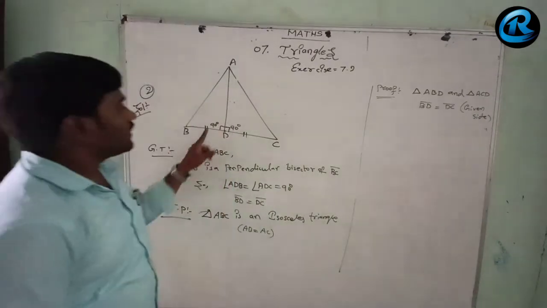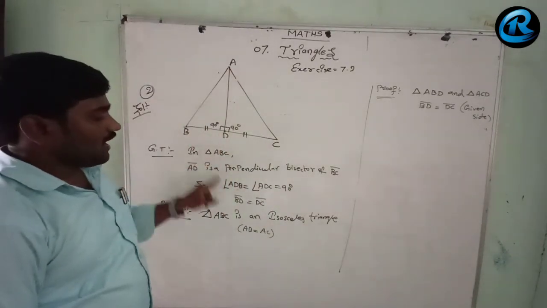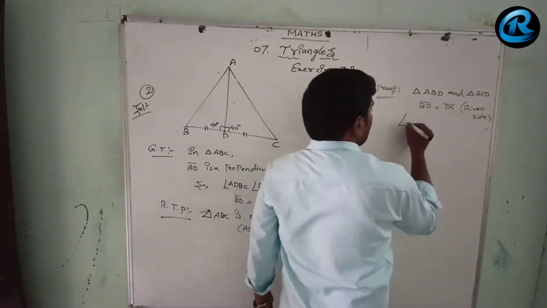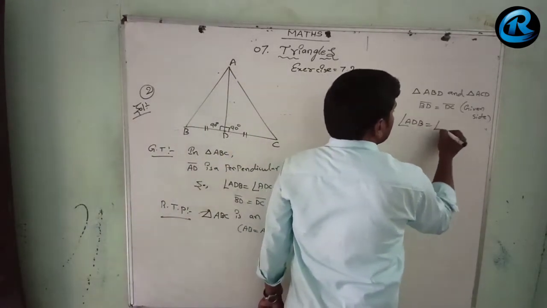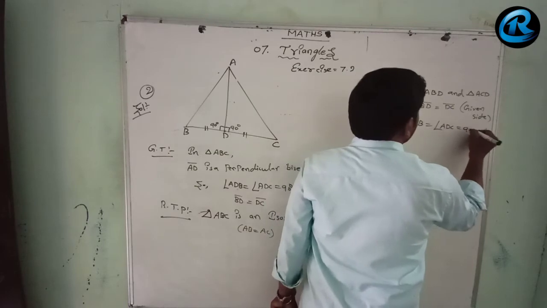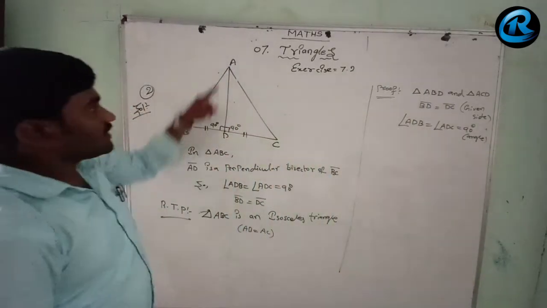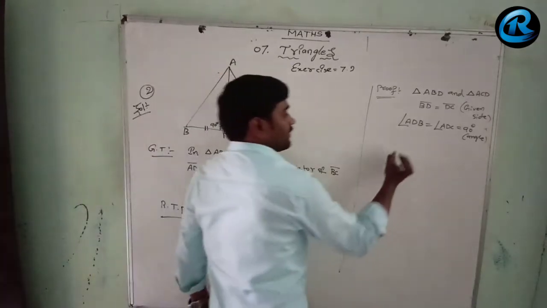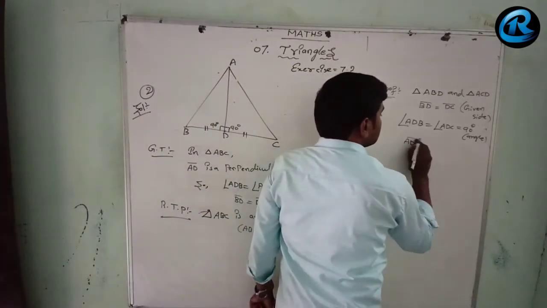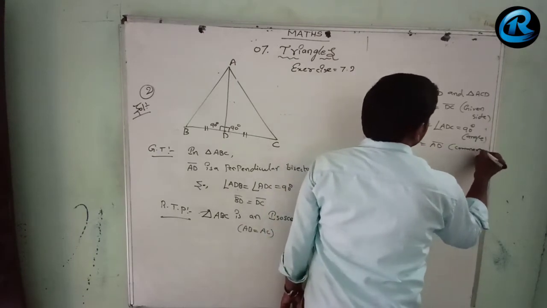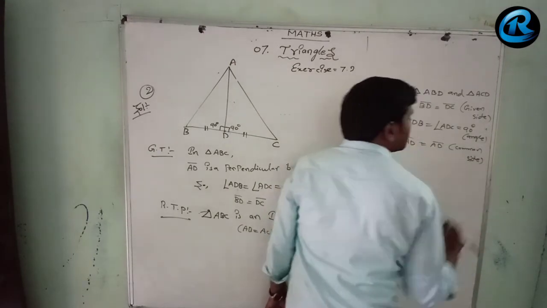Then also angle ADB equal to angle ADC equal to 90 degrees. This is an angle. Next, see that AD is a common side. AD equal to AD. It is a common side.